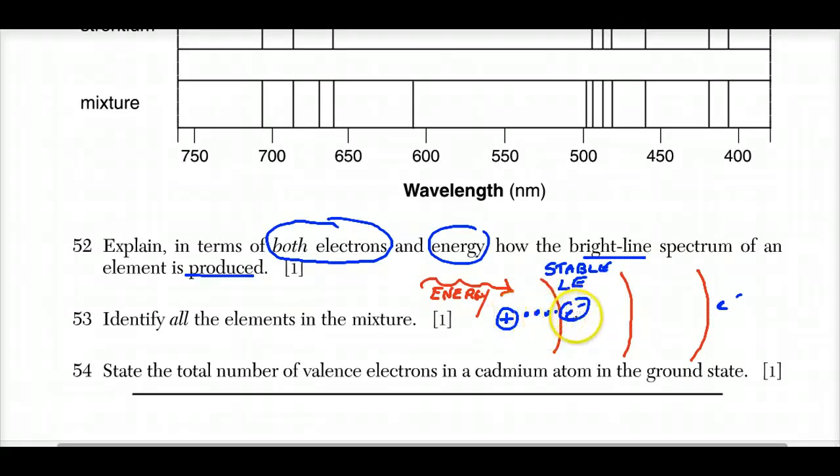So if I give this electron enough energy, it can overcome this attraction and get to another energy level. But that energy level is specific. We have to have an exact amount of energy to get there. It's called quanta. We say the atom is quantized. It's a quantum leap. So if you don't have enough energy, you don't get there. It's all or none.